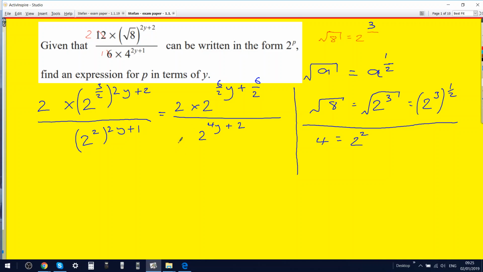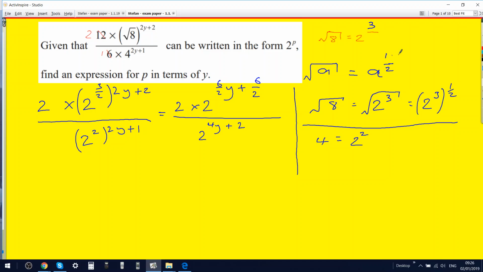What'll be next? Can I do 2 divided by 2? From the numerator to the denominator, I'm allowed to do that. I think you should multiply first. Alright, okay. So 2 times 2 is 4.